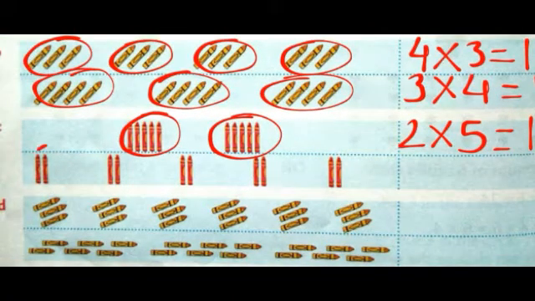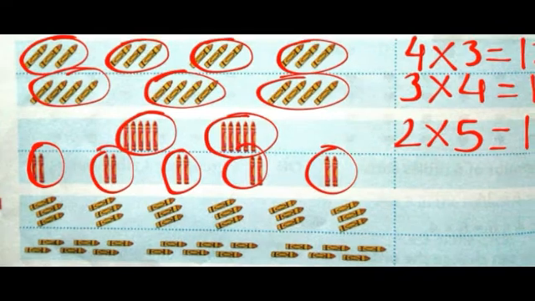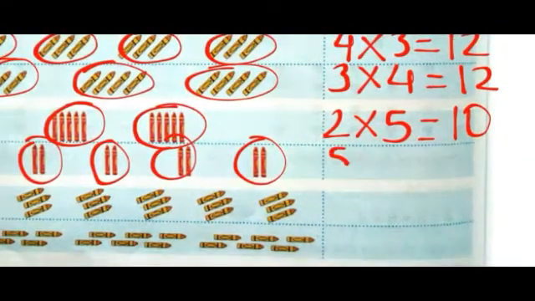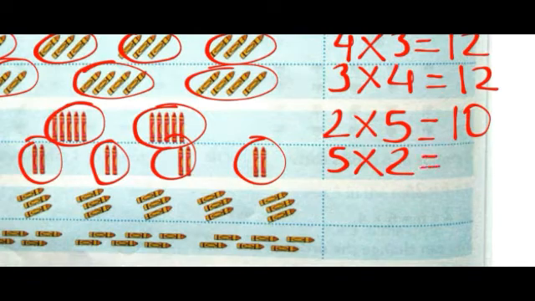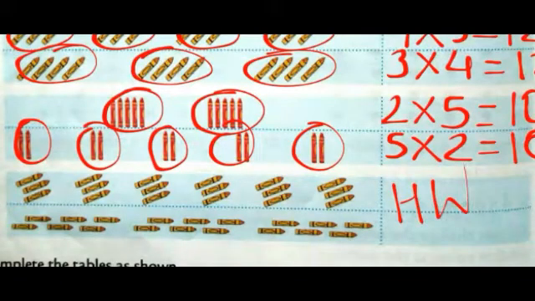First we will form the groups. 1, 2, 3, 4, 5. 5 groups are there and in each group 2 color pencils are there. Crayon colors you can say. So what is 5 twos? Again 10. See, the order of multiplication does not matter. In both the ways, the answer will come the same. Okay, now try this one as homework. Okay.